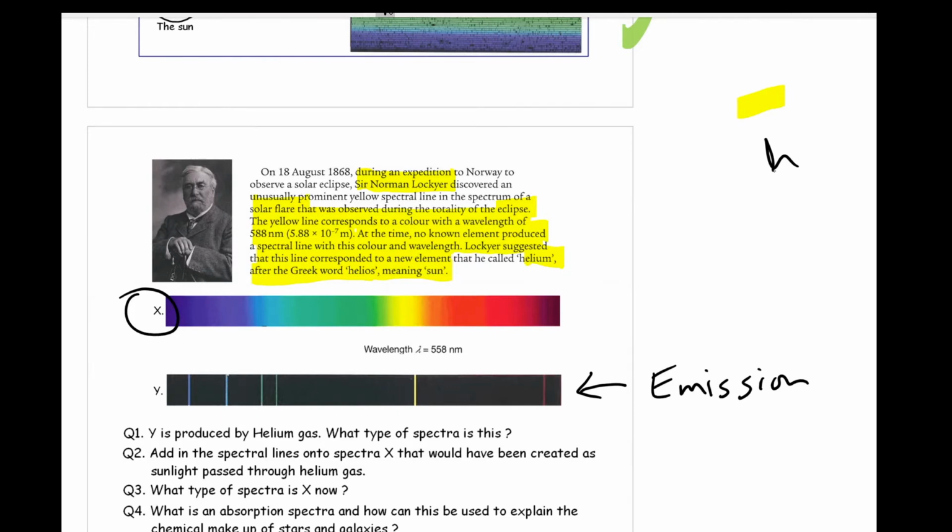Well, as sunlight passed through the helium gas, this wavelength of light would be absorbed. So what type of spectra is X now? It's an absorption spectra.